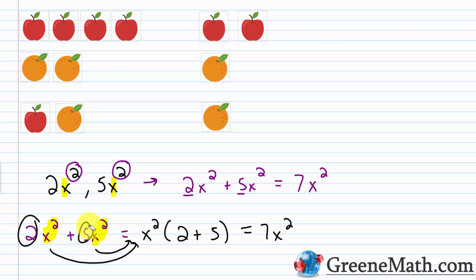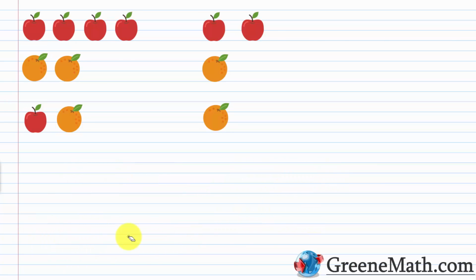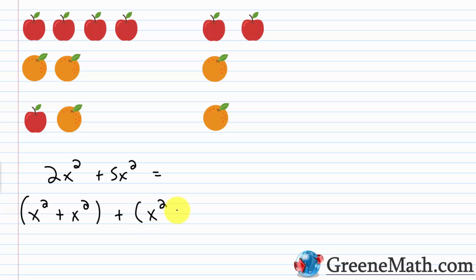Another way to think about this, and let me erase everything. If you think about 2x squared plus 5x squared like this, 2x squared is what? It's x squared plus x squared. Okay, this is 2x squared. Then plus 5x squared is x squared plus x squared plus x squared plus x squared plus x squared. 1, 2, 3, 4, 5 of those guys.